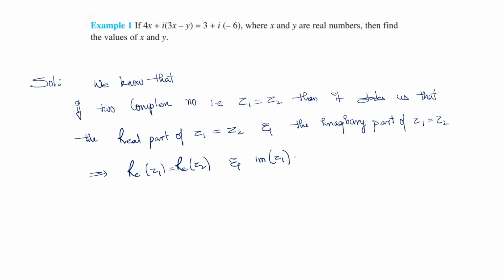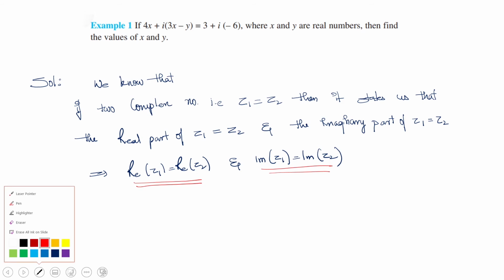And in the same way, the imaginary part of complex number 1 is equal to the imaginary part of complex number 2. And these two things are very important. You have to mainly take care of in the first example, that whenever this case occurs, these properties are always applied to the complex numbers.